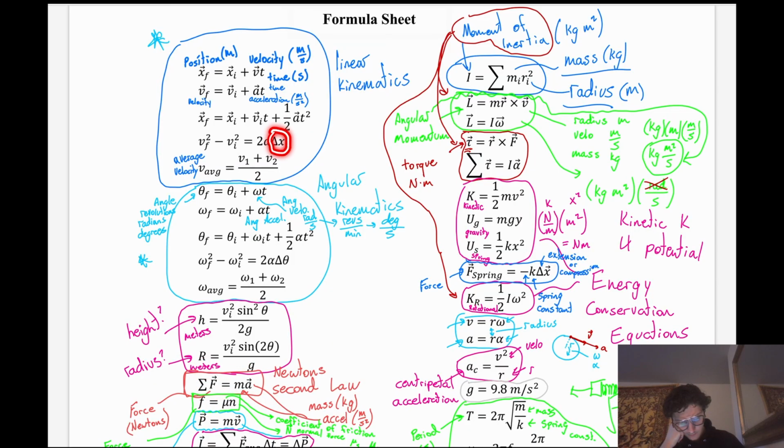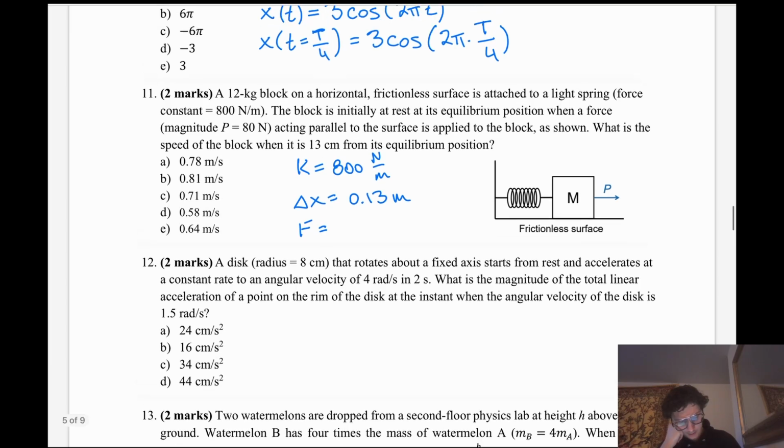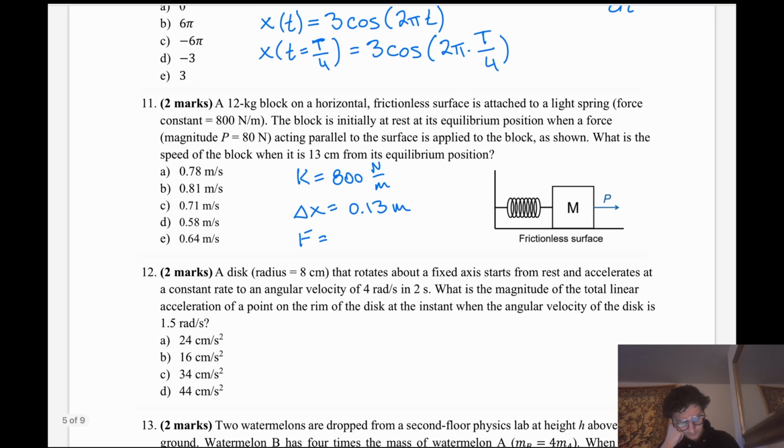And then here we have the extension, and if we say this is 0, then this one maybe could give us an answer. This is how are they going to give this on a multiple choice, man? This is crazy. There's so many different little numbers that you can play with. 12 kilogram block. Okay, so let me think here. Nah, I must give this one too.